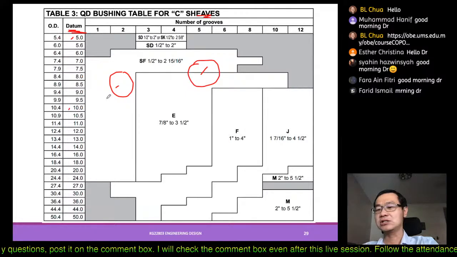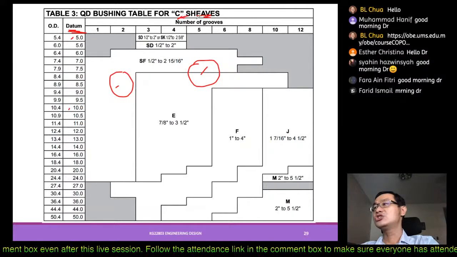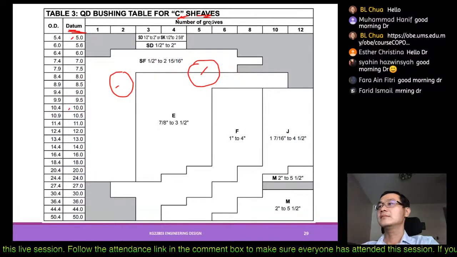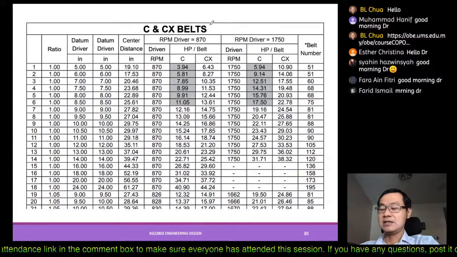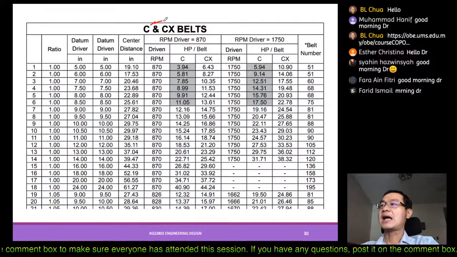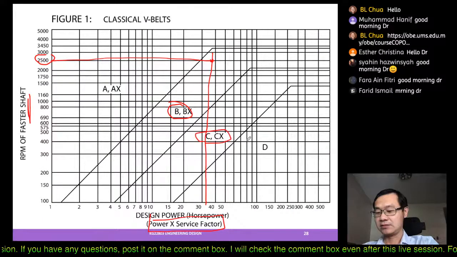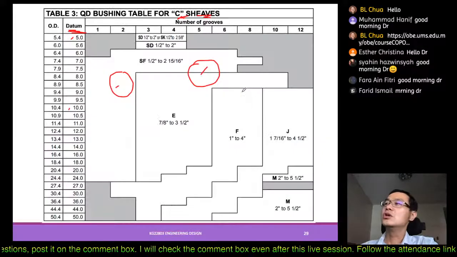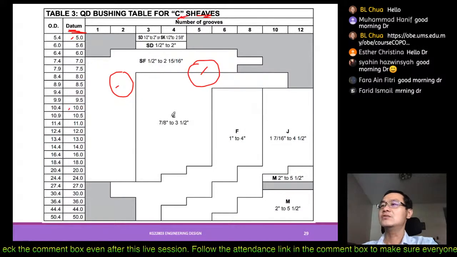This is the C shaft, and it should be matched with the C type belt. So if we are going to select C, this example is just to show you if we fall into the C shaft, then we will have this.